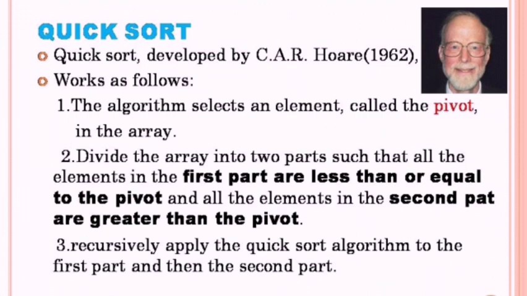Less than the pivot are placed towards the left side of the array, and greater than the pivot are placed towards the right side of the array. After doing this, we need to recursively apply the quicksort algorithm to the first part and then to the second part, to the left part, after that, and to the right part.